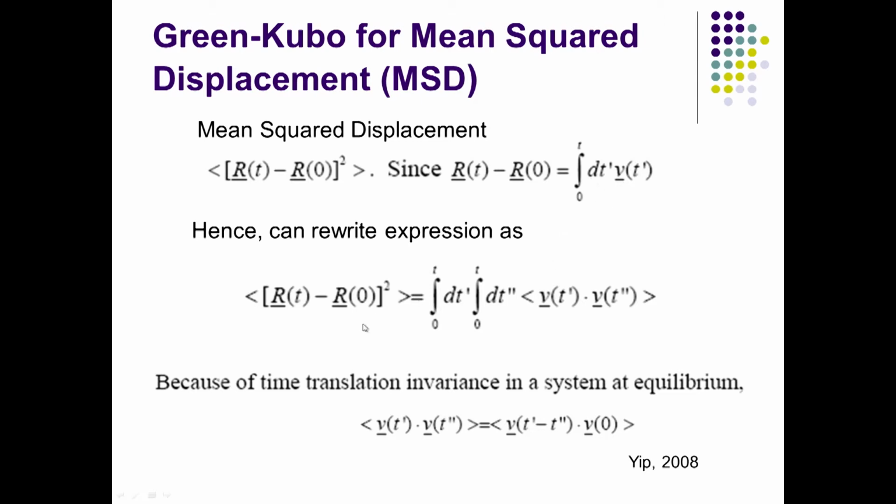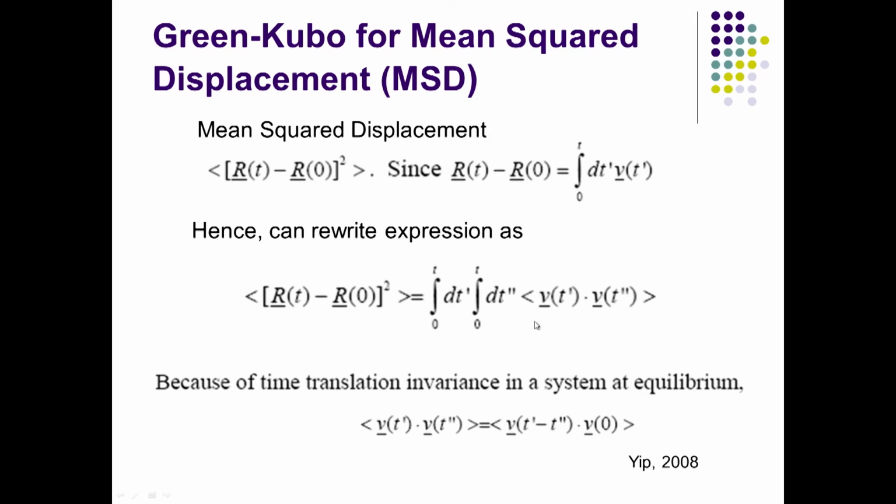So, now we are writing r(t) minus r(0) squared as an integration from 0 to time t, and we are looking at two integrals here, at time t dash and at time t double dash. Looking at these velocity correlations, t dash is the initial and t double dash is some other time.